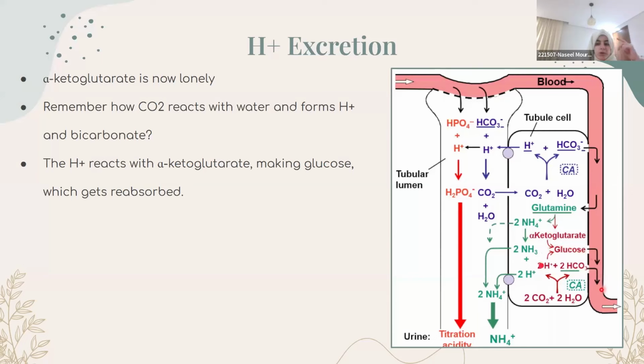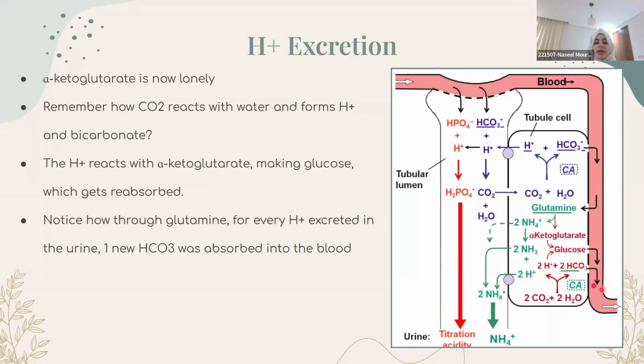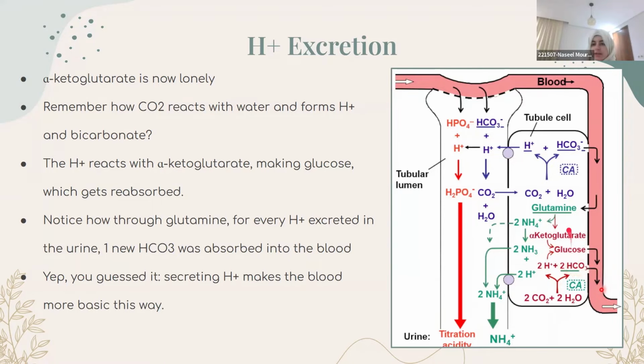Okay? But notice how we took up a hydrogen, but at the same time, we also produced a bicarbonate. And this bicarbonate gets taken up into the blood. However, this bicarbonate is new. Okay? So we didn't get this bicarbonate from what we got from the blood initially. This is just produced on its own from carbon dioxide. Okay?